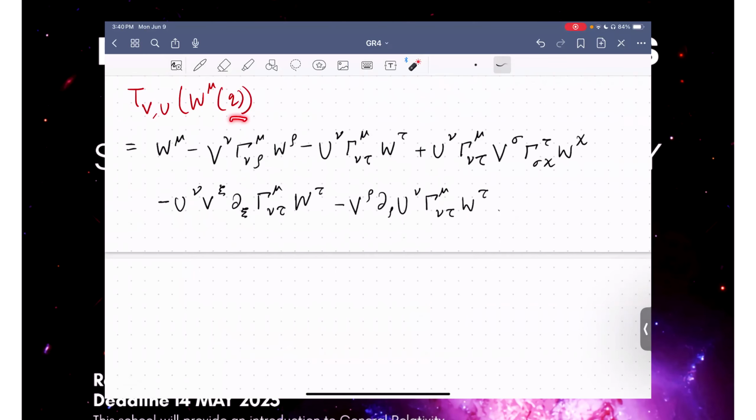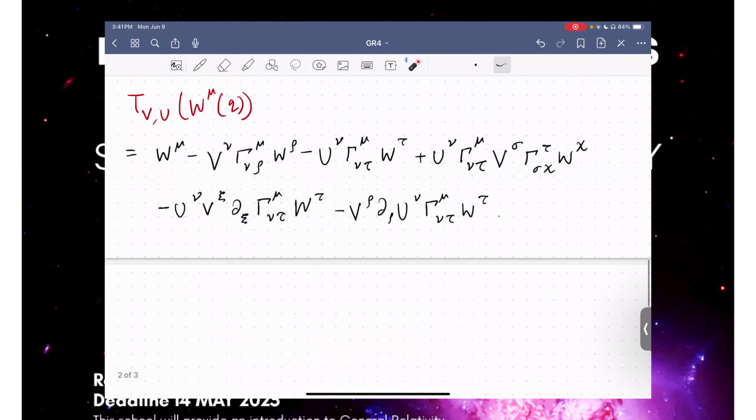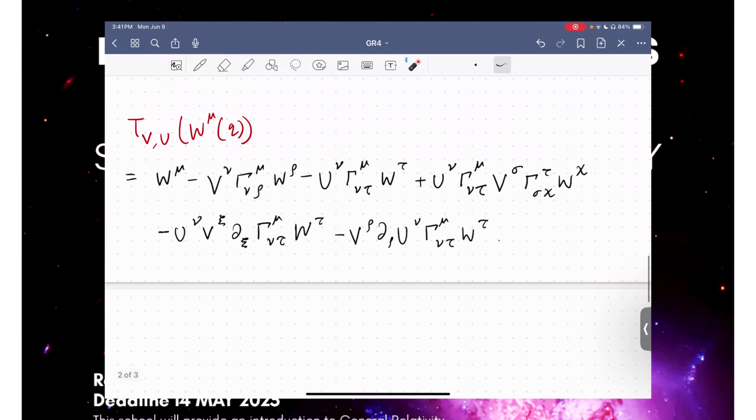Okay, so now we are at Q and we need to end up at P. So we need to add delta. We need to transport these further a little bit by delta. So how do we do that? We have been transporting vectors so far, and we already know how to do that.